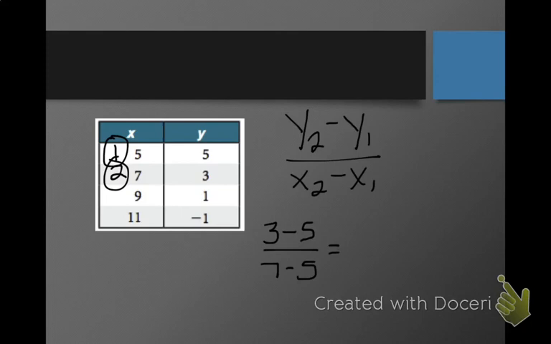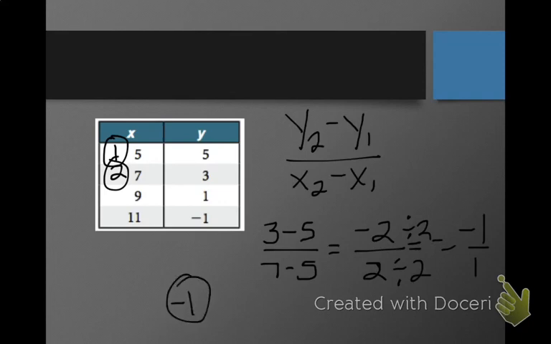So 3 minus 5, when I see 3 minus 5, I have on the top of my head already that this is a negative number, so this is actually negative 2. And then 7 minus 5 is positive 2, so when I simplify that fraction, they can both be divided by 2, which gives me negative 1 over 1, which is the same thing as a slope of negative 1.